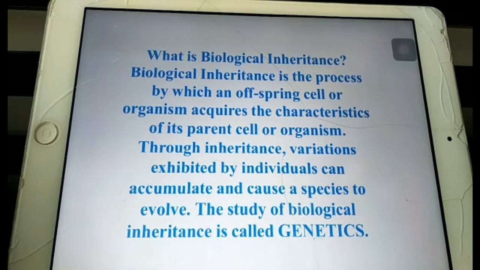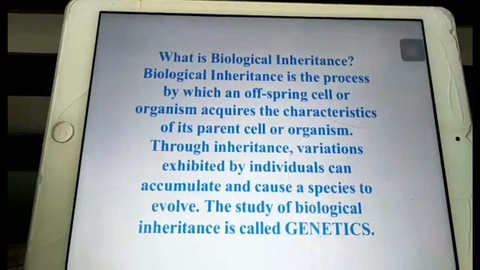That particular phenomenon is called inheritance, and through inheritance, variations exhibited by individuals can accumulate and cause a species to evolve. Basically, when specific traits of parents are crossed with each other, they have a new combination of genes, or we can say a new combination of set of alleles, which is transferred to their offspring. So through inheritance, variations exhibited by individuals can accumulate and cause a species to evolve.